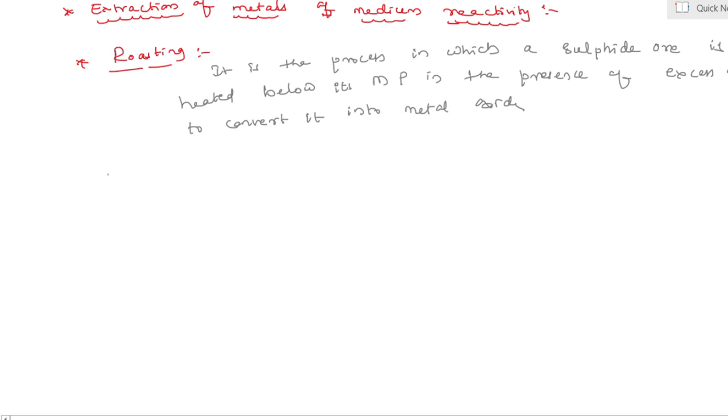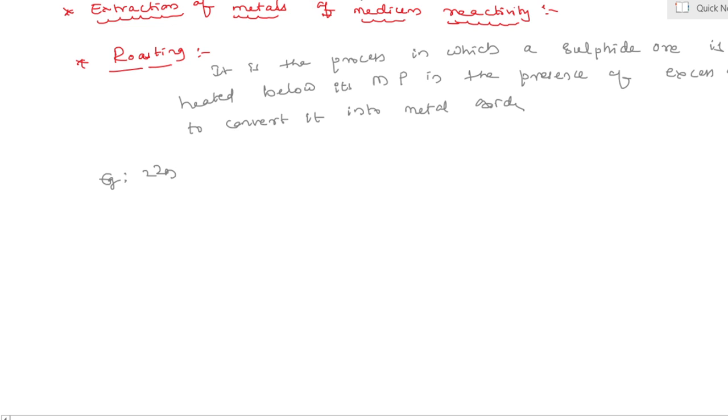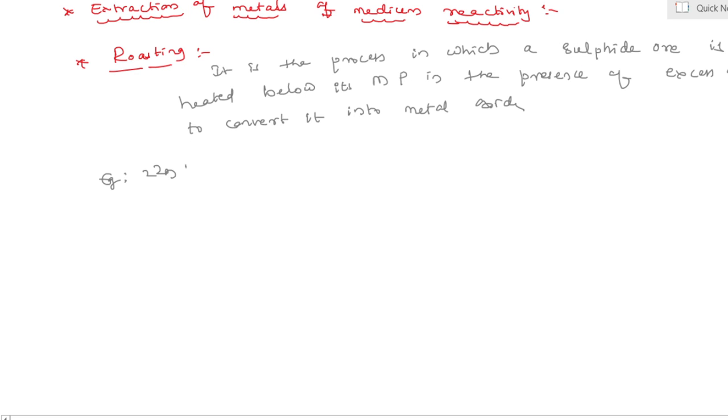Let us see an example. Zinc sulfide, not oxide, because the process of roasting takes place with a sulfide ore. 2ZnS plus 3O2, oxygen from air, roasting, heat.